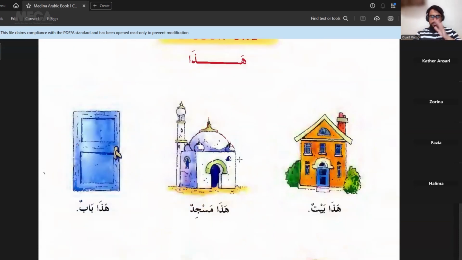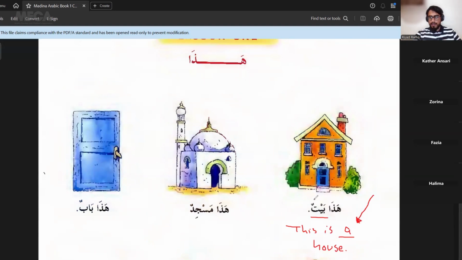This chapter also talks about "this is a something." Hada baytun. This is a house. So whenever we're saying that, what do you use?